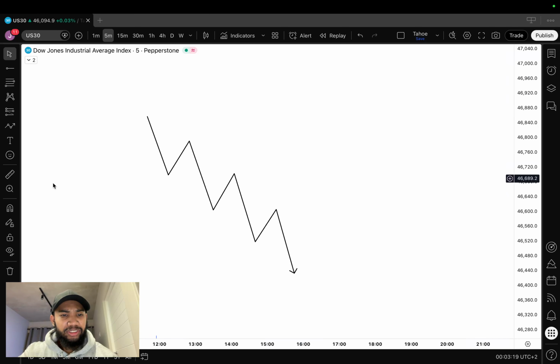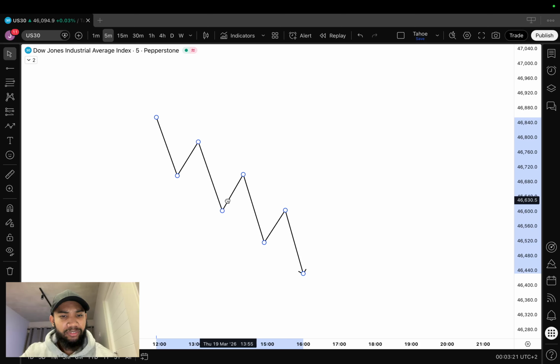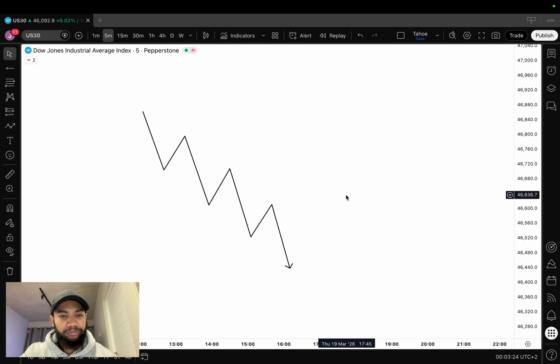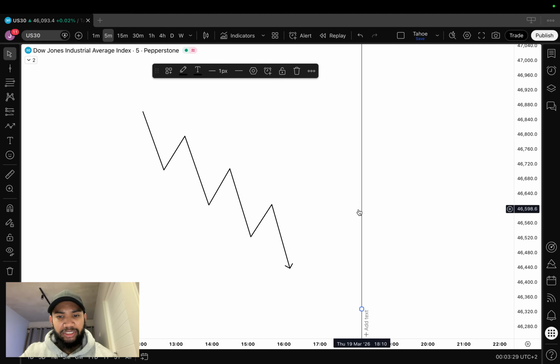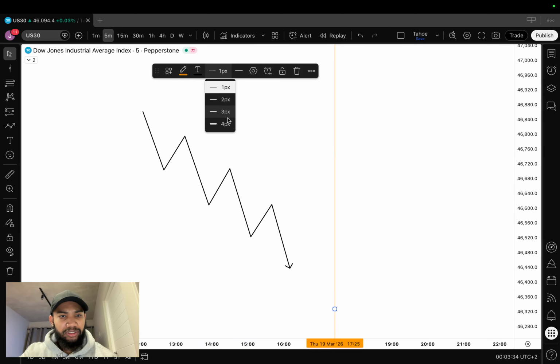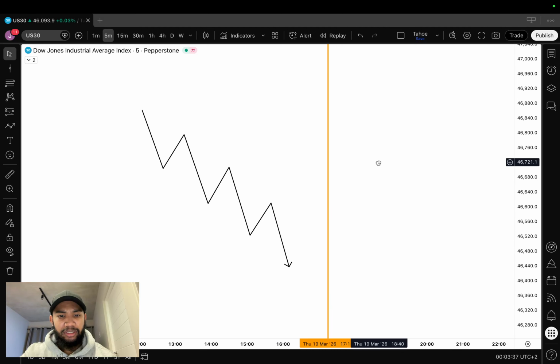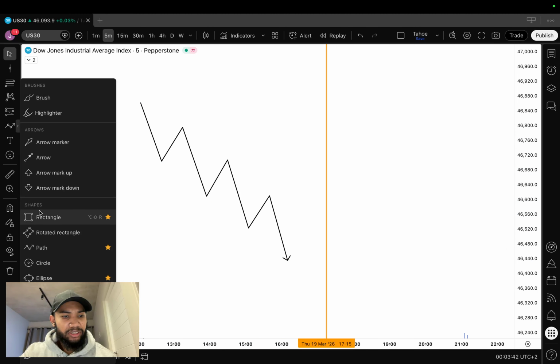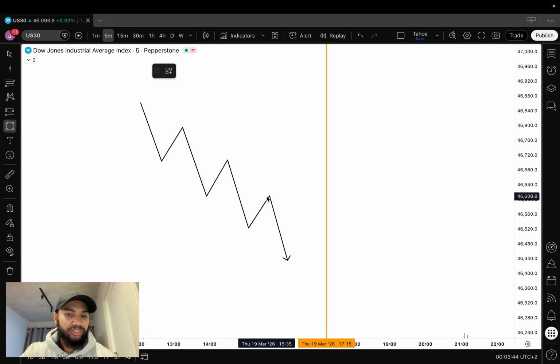So for instance, if we're looking at this framework right here, if we're looking for a sell, let's say this vertical line is the representation of the open. Let's say you're an advanced or experienced trader, you take a trade when the market retraces, taps an order block or fair value gap, and then you take your sell trade right here.